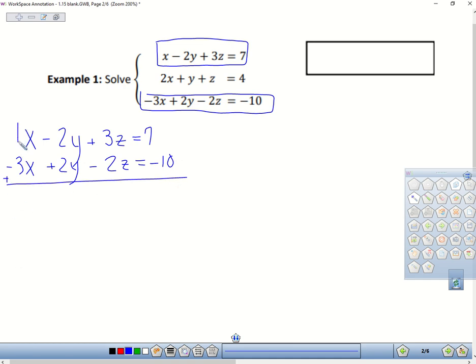And this is 1x minus 3x, which is negative 2x. Good. What happens to my y's? Good. And then 3z minus 2z is just z, equals 7 minus 10, which is negative 3. So that's what we end up with when we do that.